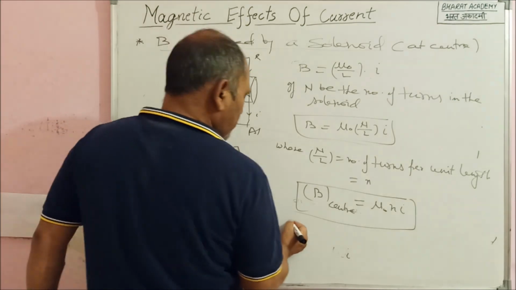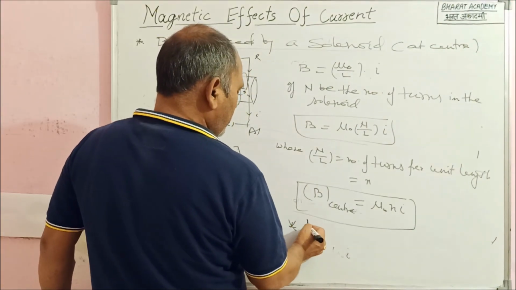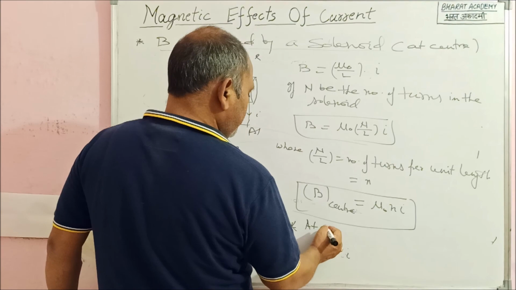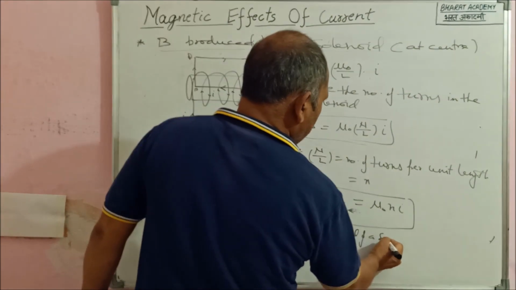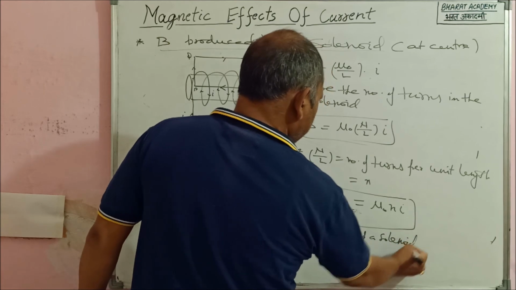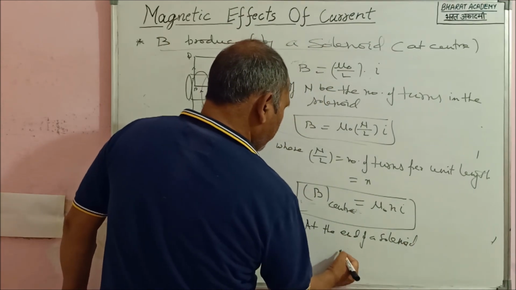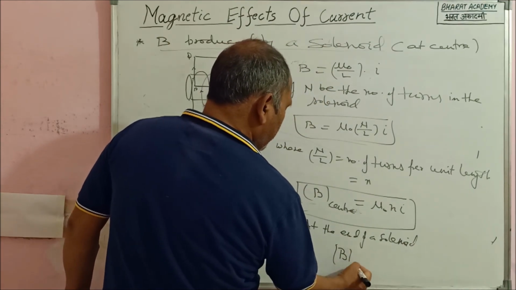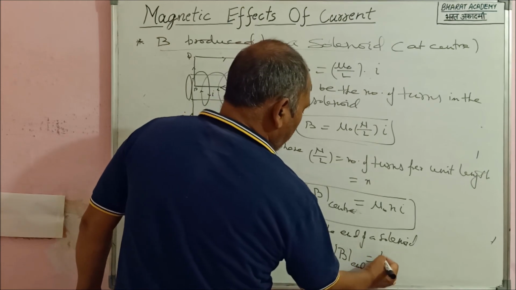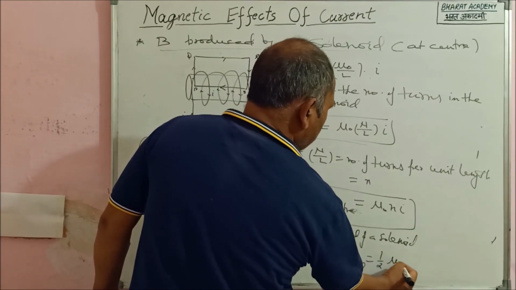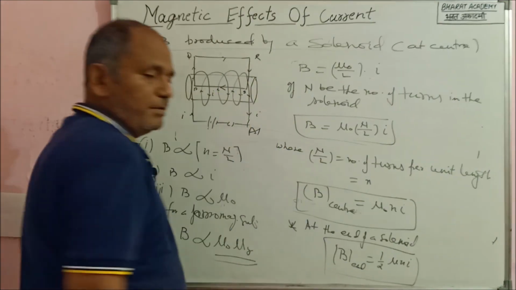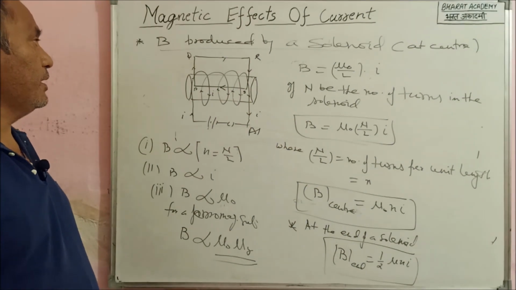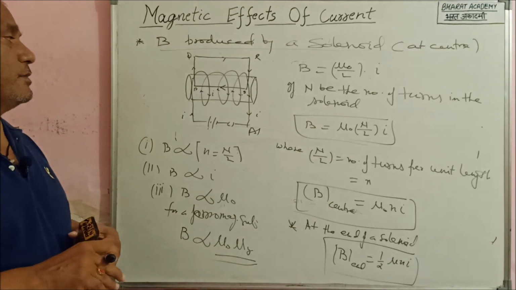And one more special case is there. At the end of a solenoid, the magnetic field will be half of the central value mu 0 n I. These two formulas you have to remember, right? This is the magnetic field produced by a solenoid.